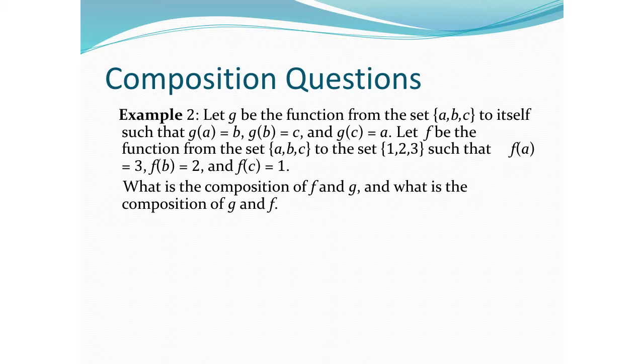Now g is saying the mapping is happening like this: g of A is B, g of B is C, g of C is A. Now f defines another kind of relationship: f of A is mapped to 3, f of B is mapped to 2, f of C is mapped to 1.